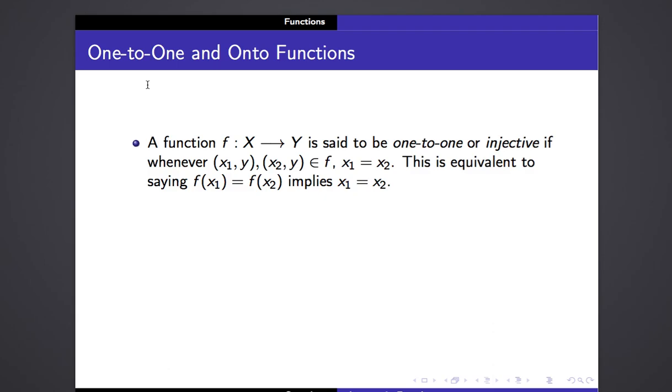Now we talk about two particular types of functions that are very important. A function f from X to Y is said to be one-to-one or injective if whenever the ordered pairs (x1, y) and (x2, y) belong to the function graph f, then x1 must be equal to x2.